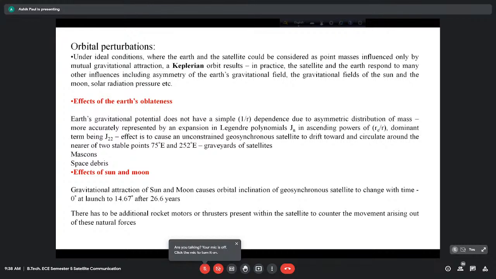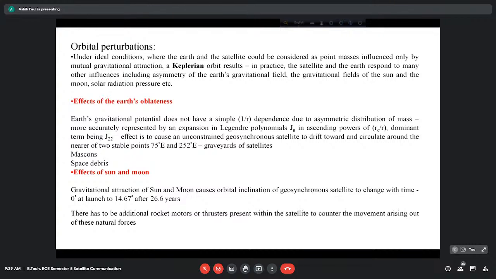So this has also given rise to a significant amount of space debris, because you have to remember that humans have been successfully launching artificial satellites from about 1957. The first successful launch of a satellite was in 1957. So over the last more than 60 years, there has been a launch of satellites.